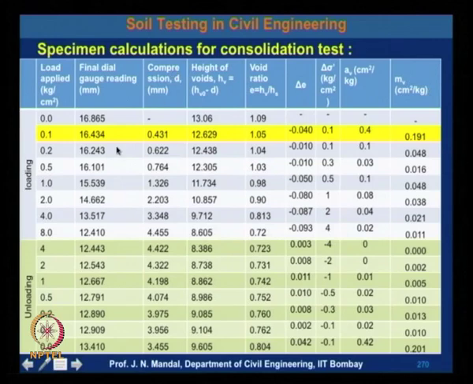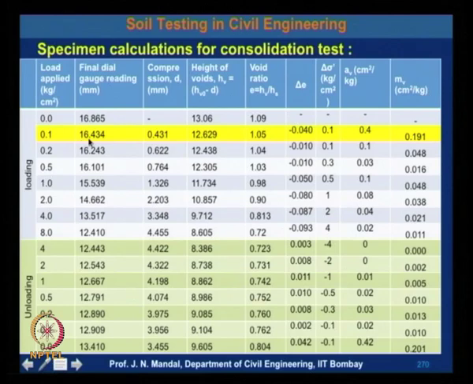I will show you one of them, under the loading of 0.1 kg per centimeter square, and this is the dial reading 16.434. Then what should be the compression under the loading of 0.1 kg per centimeter square? This I will only show you, and then accordingly you can also calculate for the other loading and also reloading, unloading.